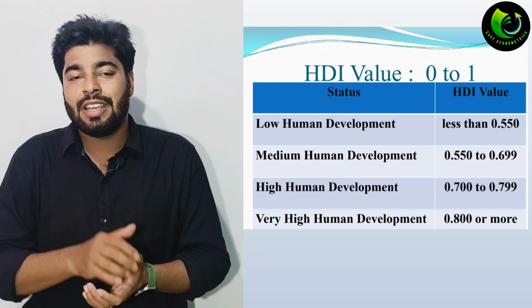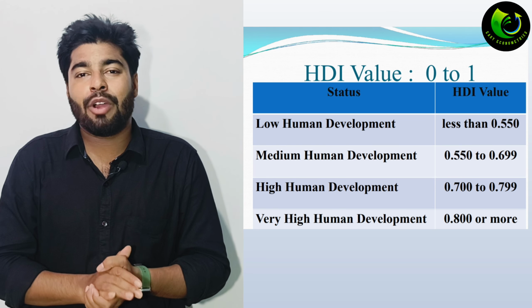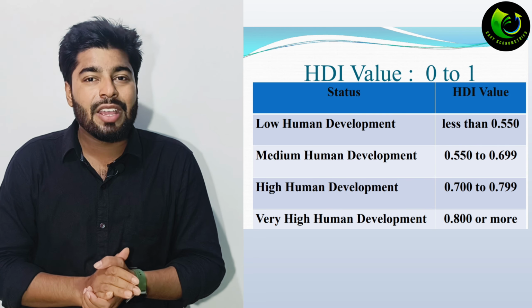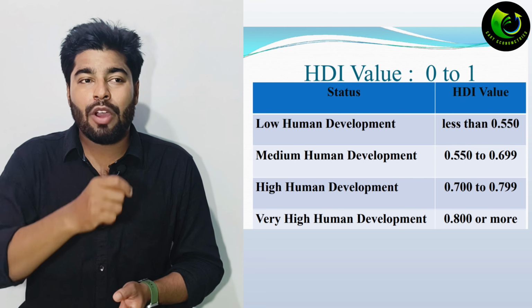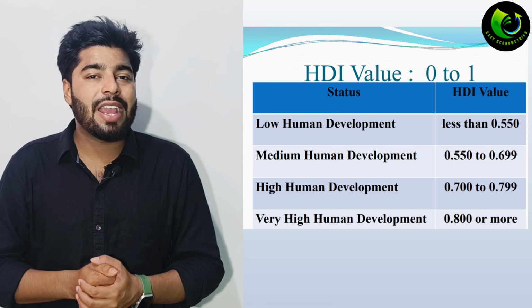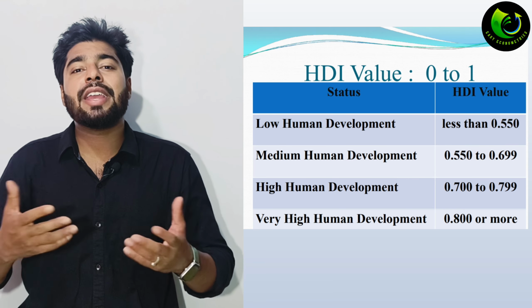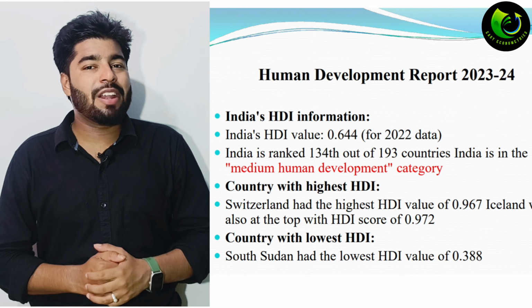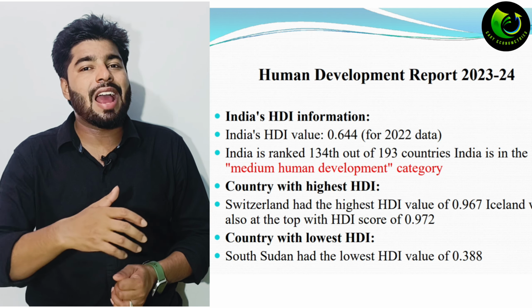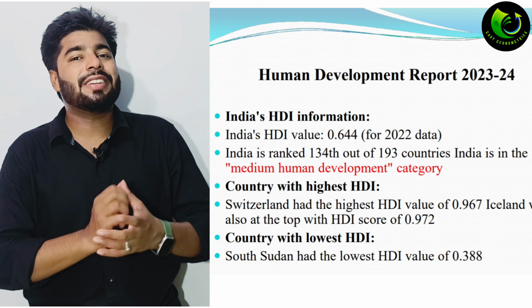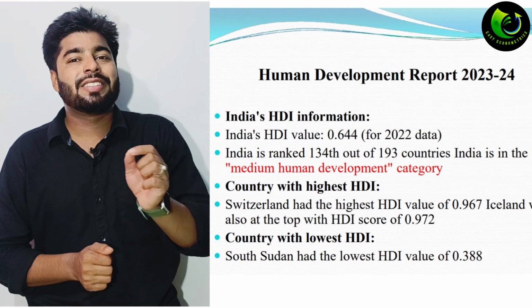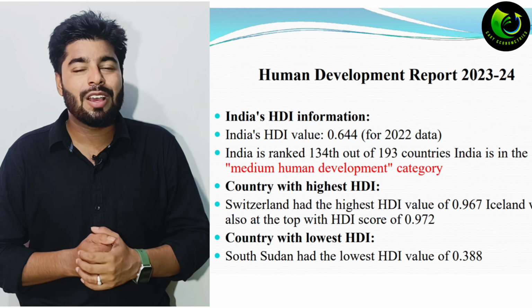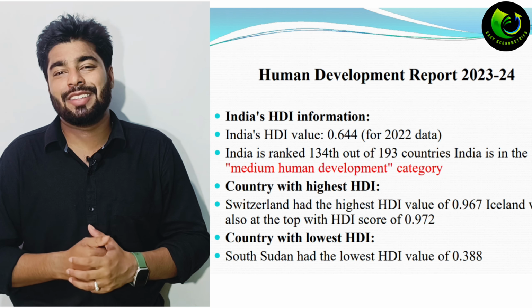If it is 0.7 to 0.79, it is a high human development country. If it is 0.8 or more, it is a very high human development country. According to the Human Development Report 2023-24, India's HDI value was 0.644 and India's rank was 134th out of 193 countries.